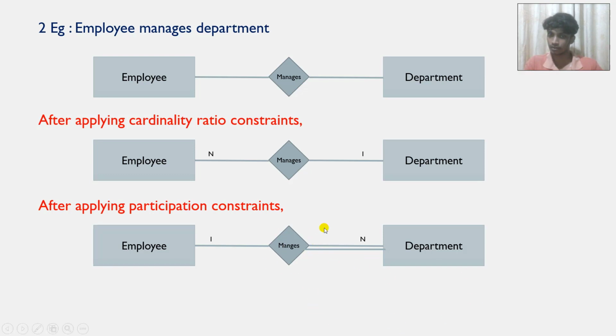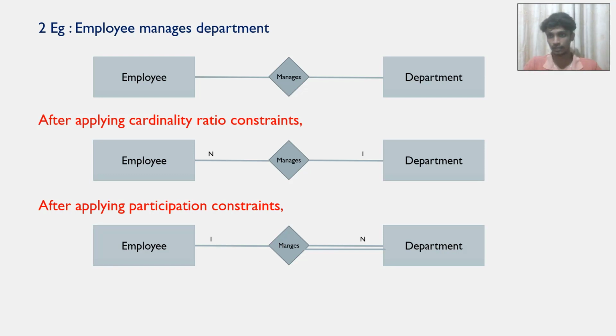So there will be some employees who are not managers, which means the minimum value is 0. It is kind of difficult, but on the other hand, every department should have a manager.